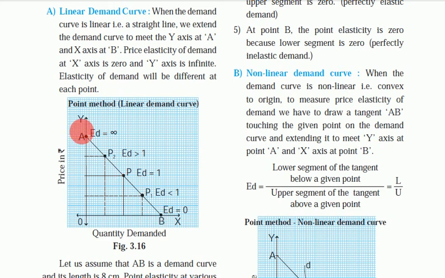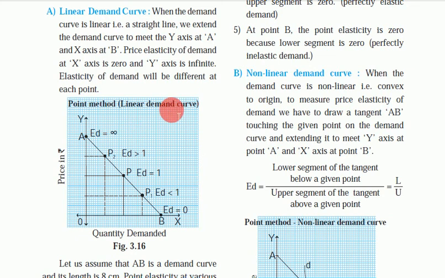This straight line, we extend the demand curve to meet the y-axis here at A and the x-axis at B. Price elasticity of demand at the x-axis will be 0 and the price elasticity of demand at the y-axis will be infinite.